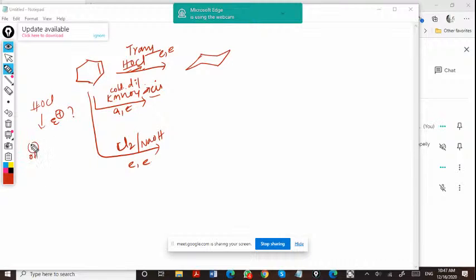OH plus, H plus, Cl plus or OCl plus? A, B, C, D. If you know that, then you will be able to say whether it is an electrophilic addition reaction or nucleophilic addition reaction.